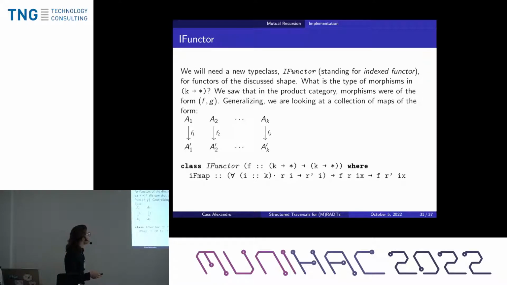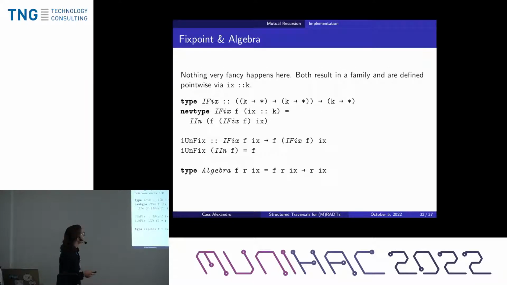And yeah, you need, I forget which language extension it is. Yeah, rank n types. Thanks. Okay. So now we can just define the things that we defined earlier pointwise. This ifix corresponds to the second instance of the data family fix that I showed in the first part of the presentation.